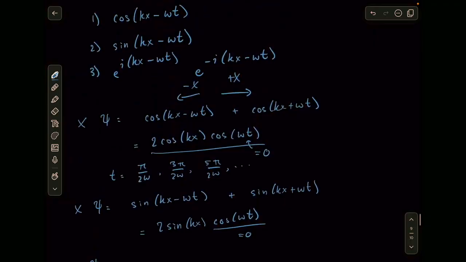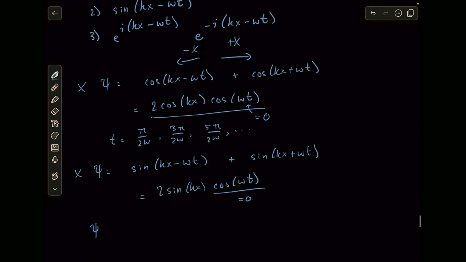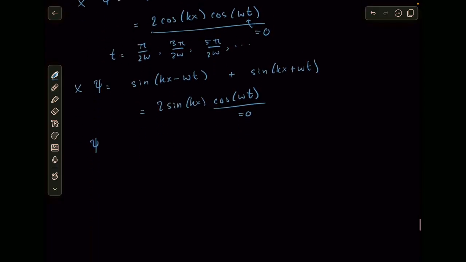For the first term, where we're moving to the right, I'm going to have e to the i (kx minus omega t). And then in our second term, I'm going to swap the sign, since this wave function is representing motion to the left.